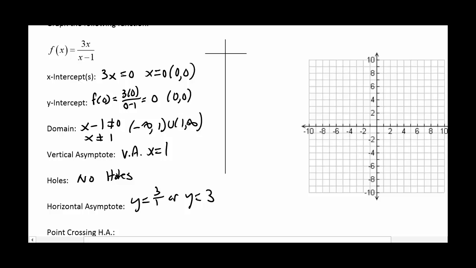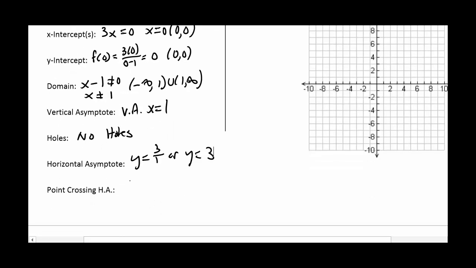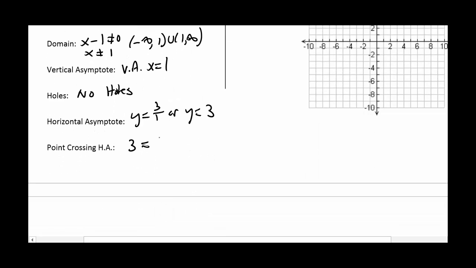Then I'm going to look and see, is there a point where it actually crosses the HA? So I'm going to set 3 equal to 3x over x minus 1 and then try to solve. I notice that I can multiply both sides by x minus 1.